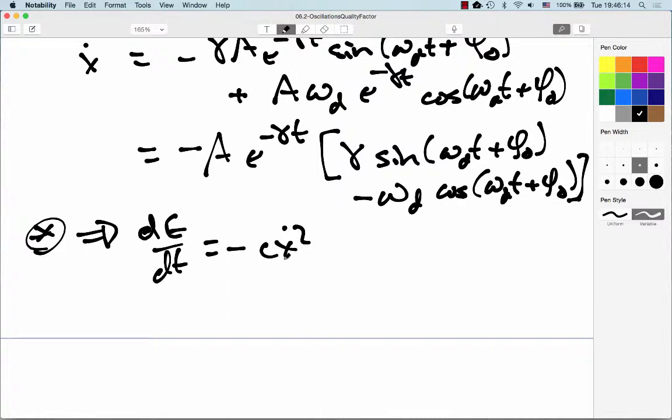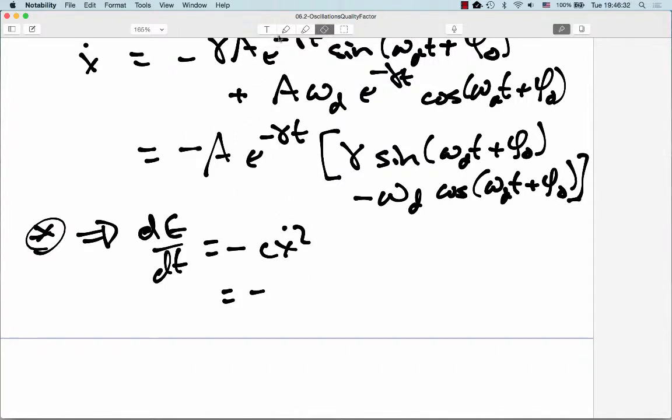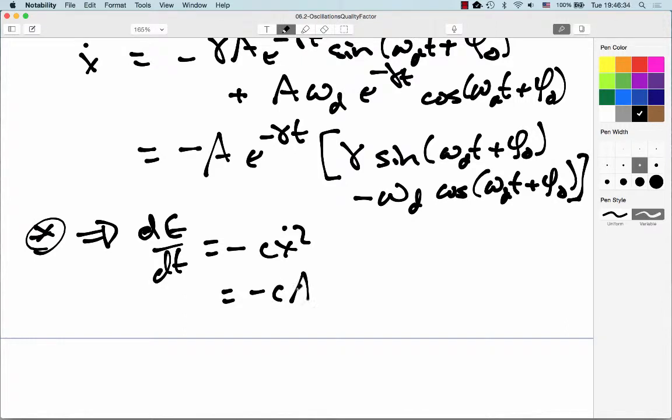So that gives us minus c, and then when we square things, this minus sign is going to go away, C a squared. Then we're going to pick up an e to the minus 2 gamma t, then times the stuff in brackets squared.